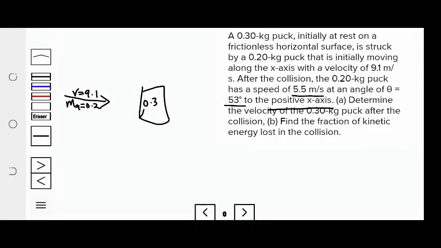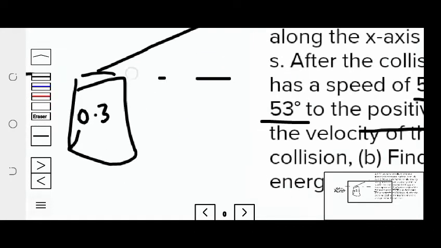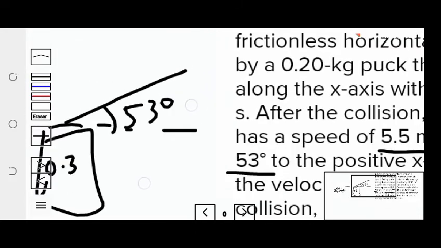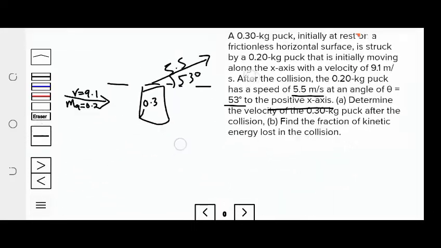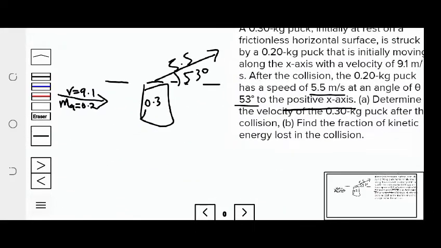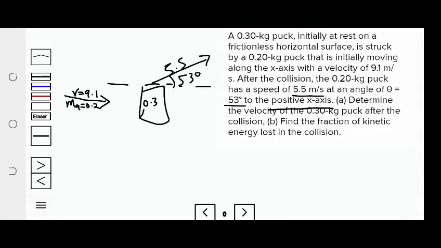So after the hitting, it gets deflected, moving along this path, which is 53 degrees, and the final speed is 5.5. Okay, so now they want us to find the velocity of the 0.3 kg puck after the collision.